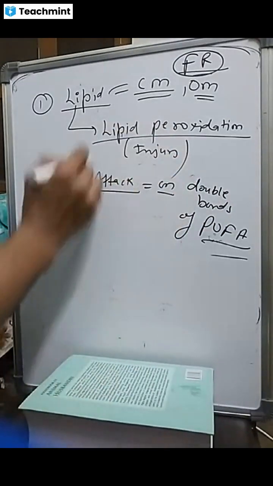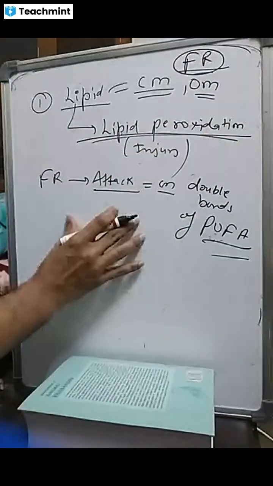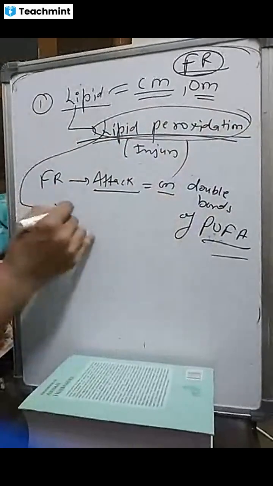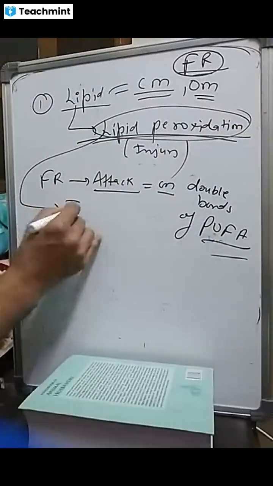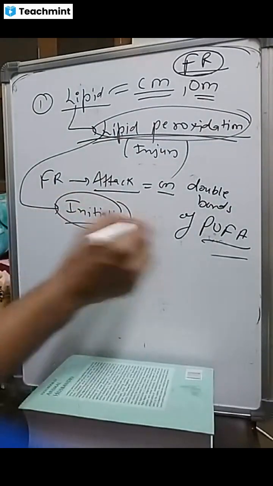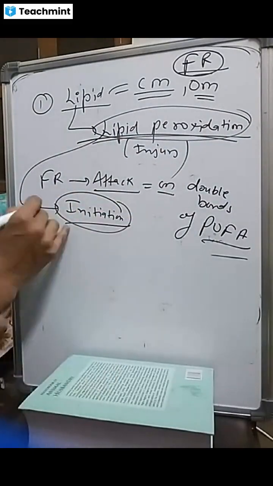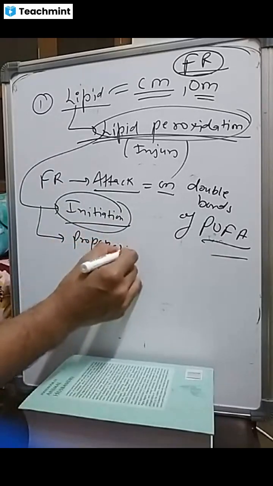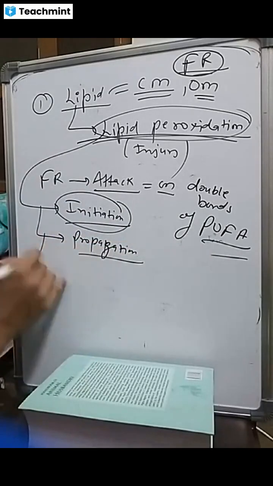This lipid peroxidation occurs in three steps: initiation, where it attacks the double bonds, then propagation, then termination.